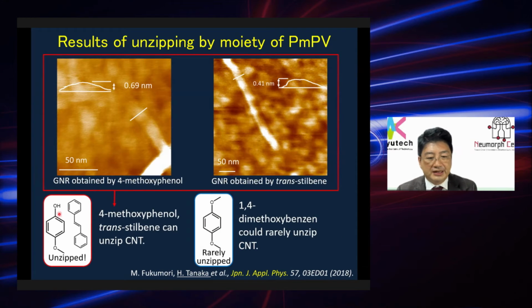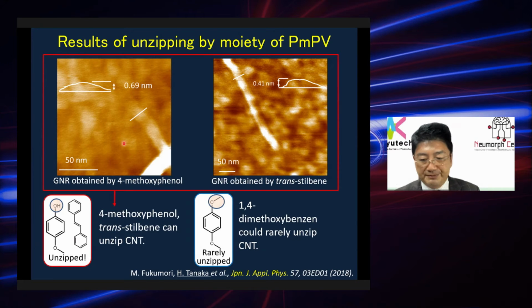And by using 4-methoxyphenol, we could get this kind of material. So we found that 1,4-dimethoxybenzene could really unzip CNT. So this moiety is working for unzipping of graphene nanoribbon. It was found.